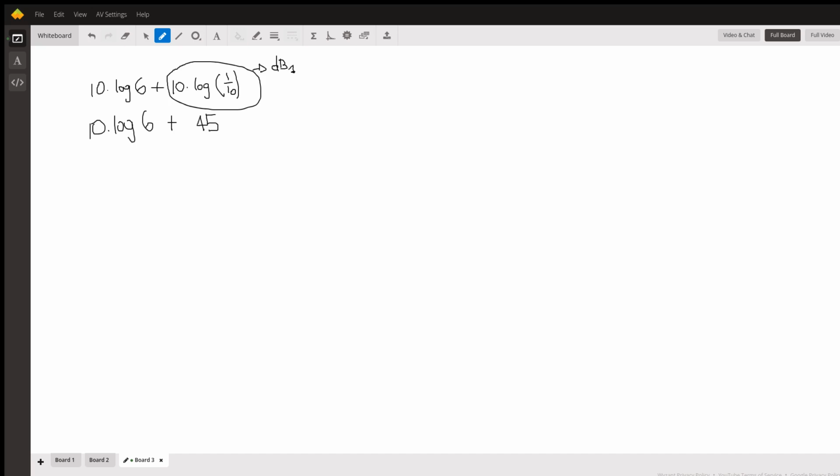Log is by default base 10. And if you do that, you get 52.78. All right, so 52.78.